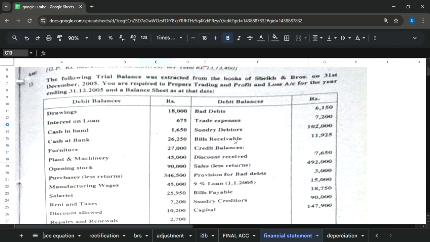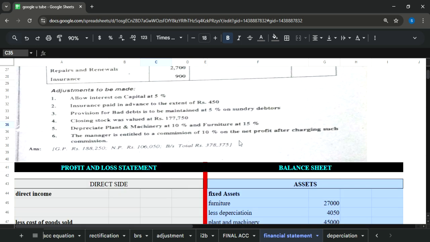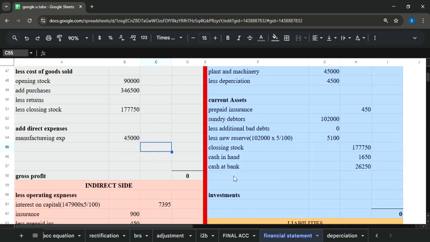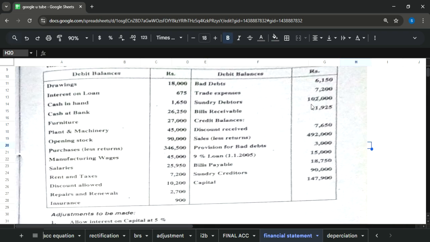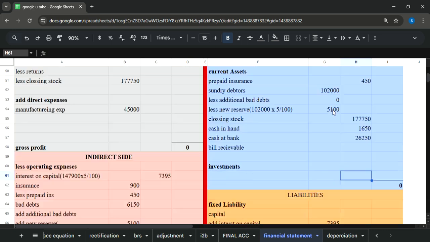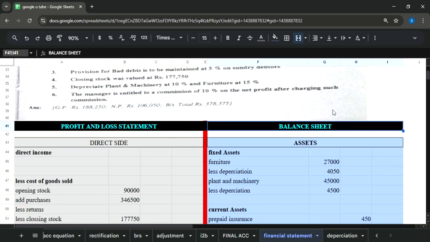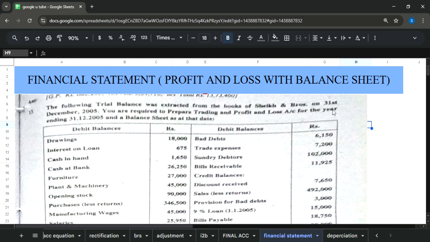Okay, then we have bill receivable. It's part of current assets. So here you will write bill receivable. Let's see how much the amount is. 11925. Here 11925 is the amount of bill receivable. Then we have the credit balances. The debit side is completed.